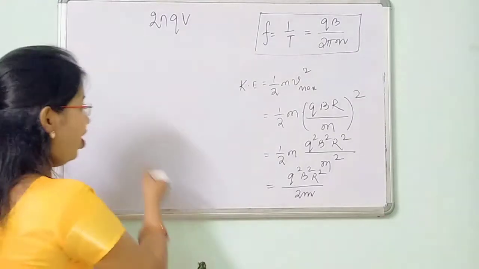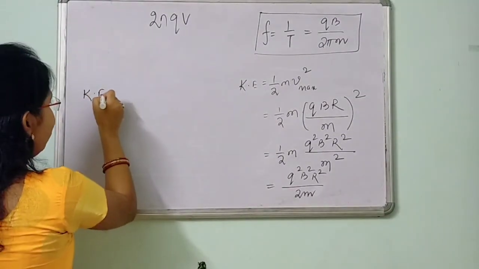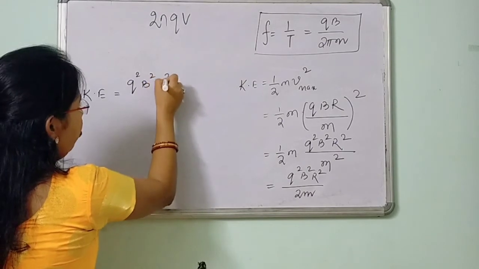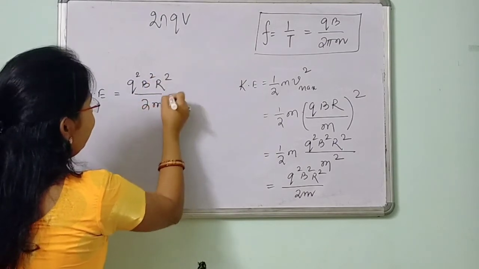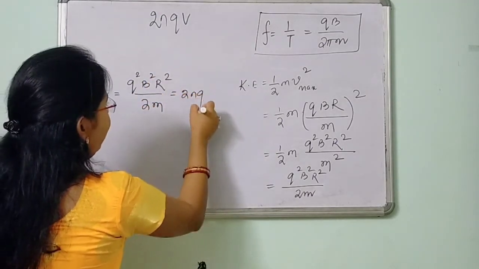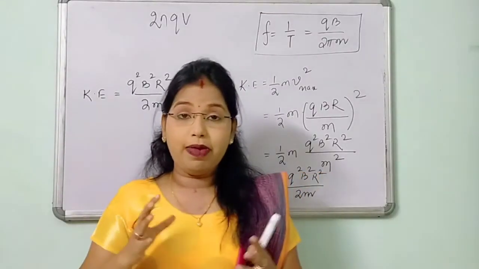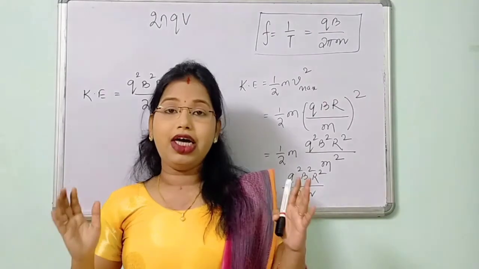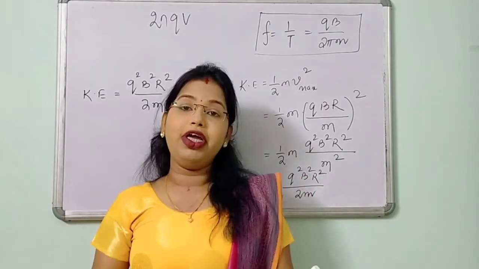So I can write the kinetic energy as q square B square R square by 2m, which is equal to 2nqV. Thus the particle coming out of the cyclotron possesses an energy of several million volts.